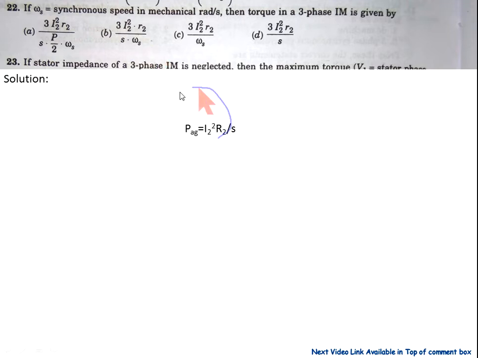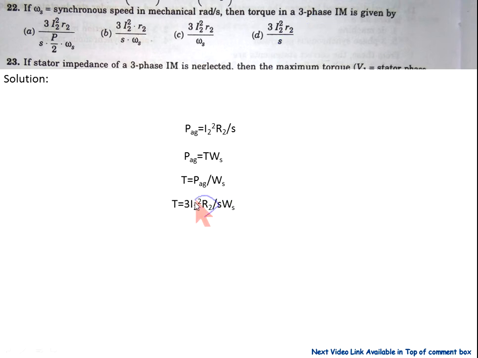We note that this is the air gap power, which is transferred from stator to rotor through the air gap. So now we know that power is equal to T omega S. Now T equals PAG, air gap power, divided by omega S. Now power PAG is I2 square R2 divided by S. This value is put in this equation, and 3 is the multiplication due to the three-phase induction machine.